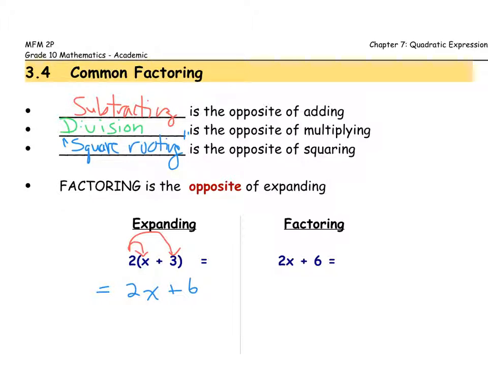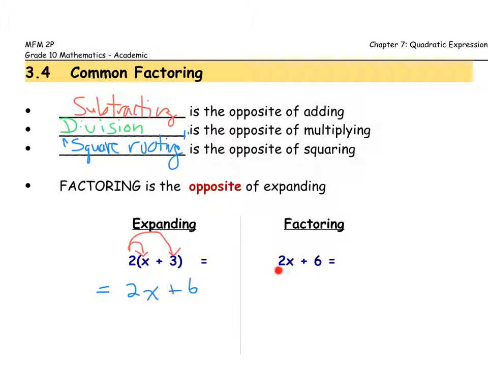Well, I take a close look at both of these factors. And this is the binomial. It's got two terms separated by this addition. And so what I'm looking for when I'm common factoring is, what does the 2x term and the 6 term have in common? So I look for the numerical component, the 2 and the 6, and I would look for the variable component.